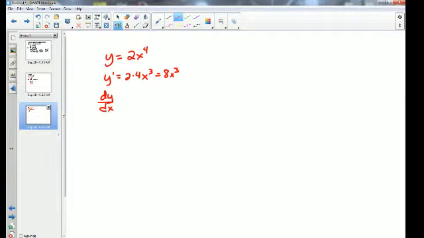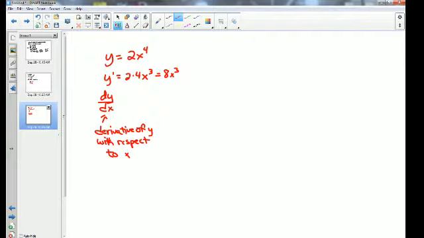That's how this is said. And it will have benefits. This notation will be beneficial. We just need to get used to seeing it. Derivative of y with respect to x.